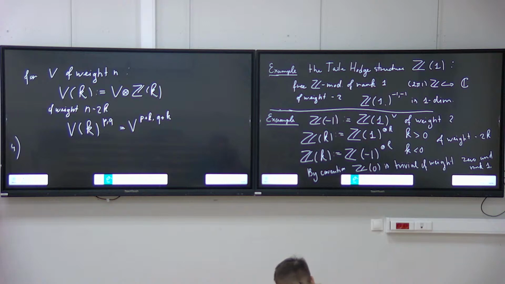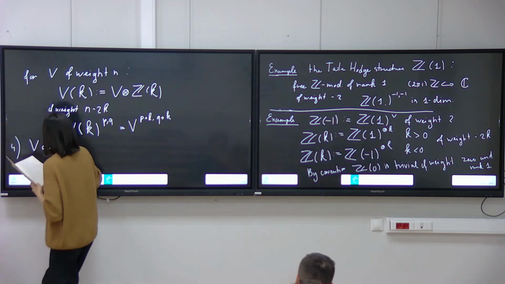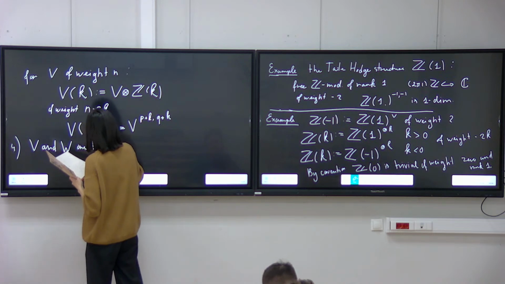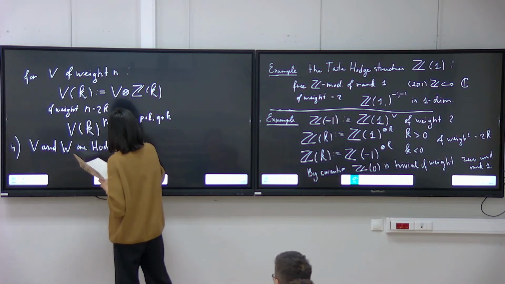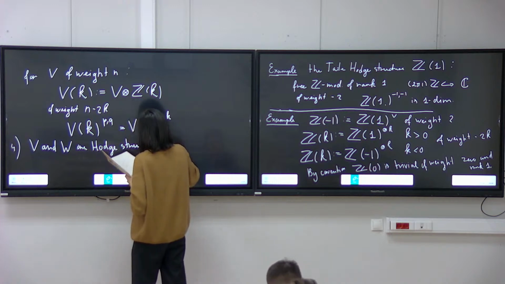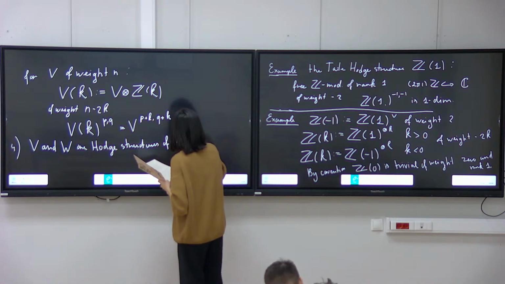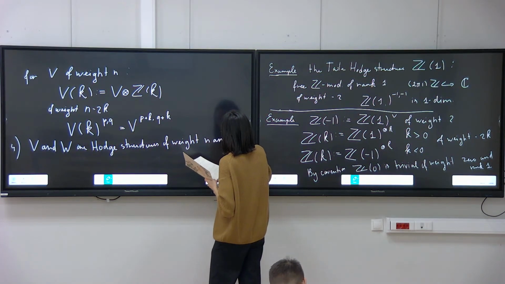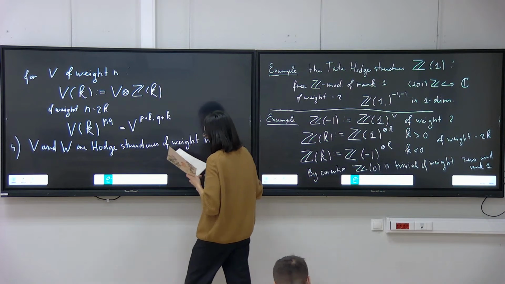And now let me define a morphism of weight k. Suppose V and W are Hodge structures of weight n and m.